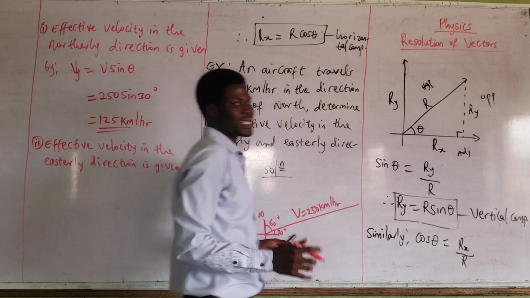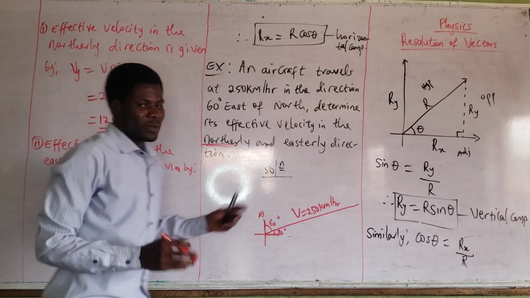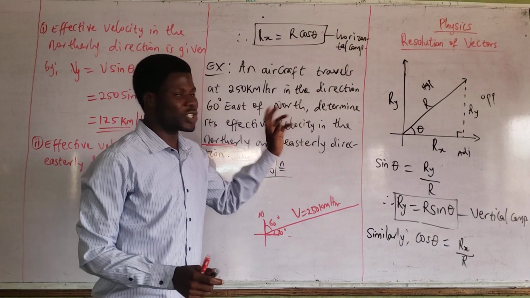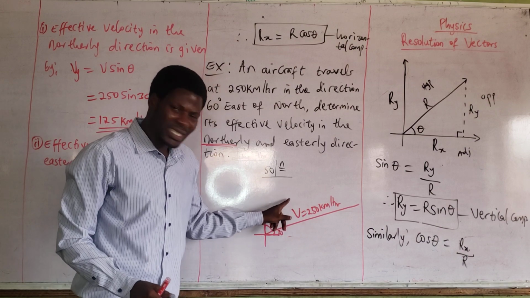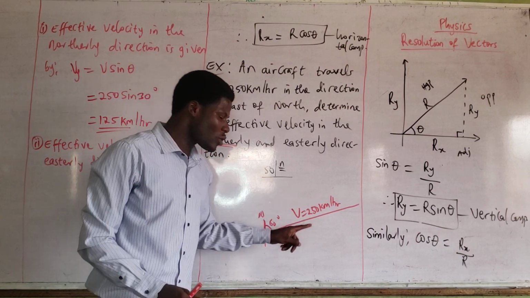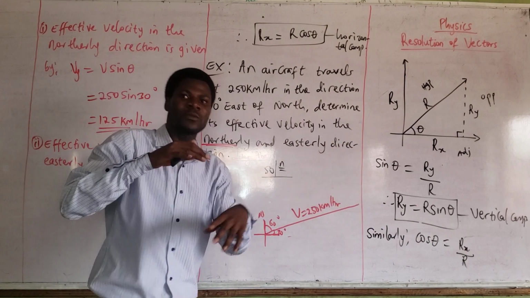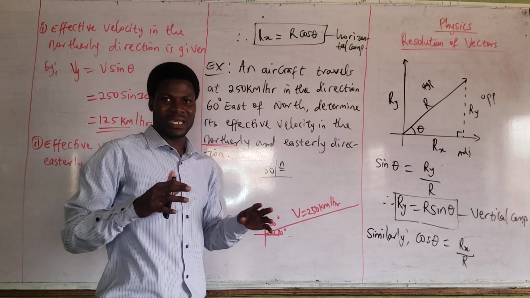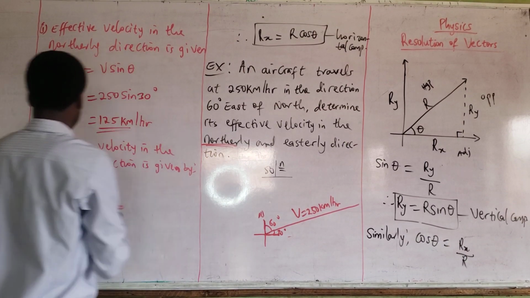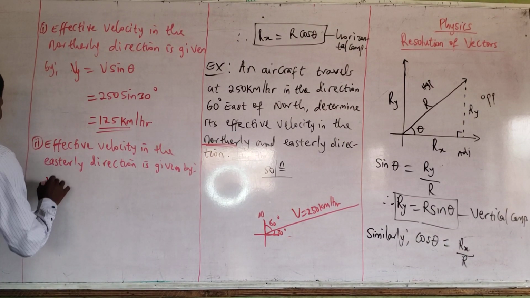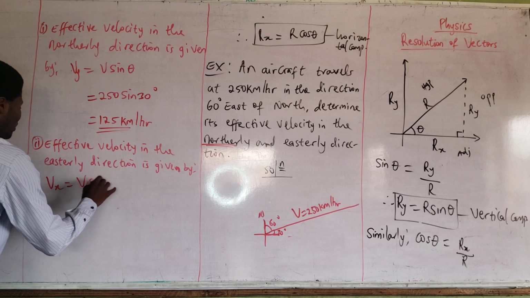Horizontal component. That's Rx. So invariably in resolution of vectors, you'll be given the resultant. Then you'll be asked to look for the two components that bring about the resultant. It's like the opposite of the way of getting the resultant. Okay? So we have Vx equals V cos theta.